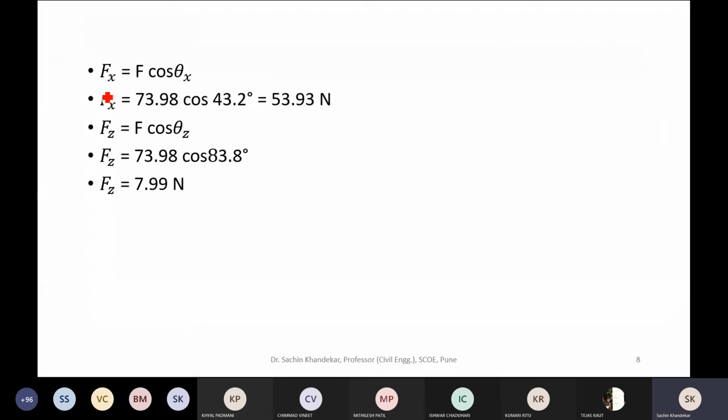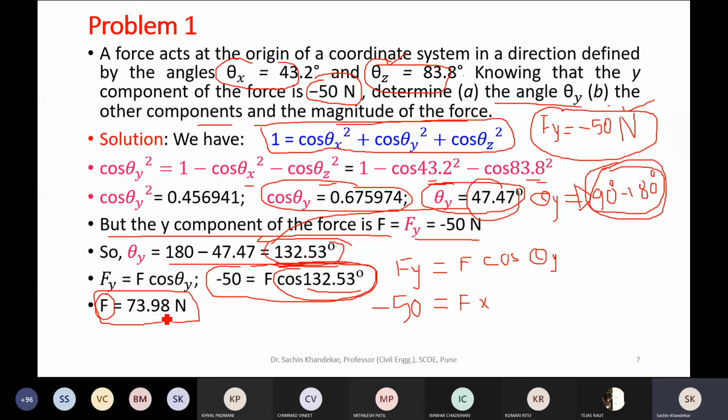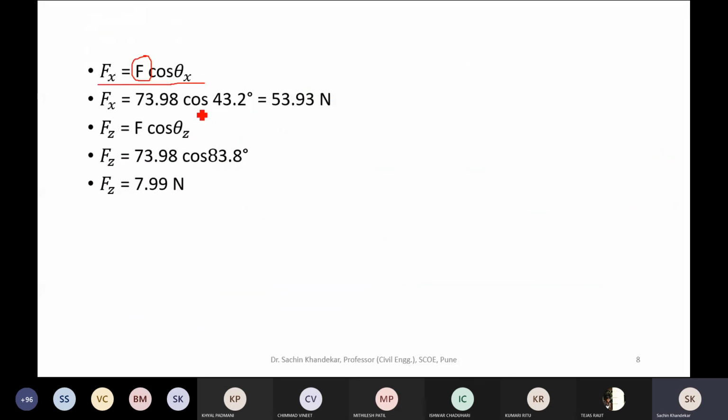Then find the other two components. Fx is equal to F into cos of theta x. We have found the magnitude of F as 73.98, and theta x is given as 43.2, which is less than 90 degrees, and hence Fx is acting in the positive x direction.